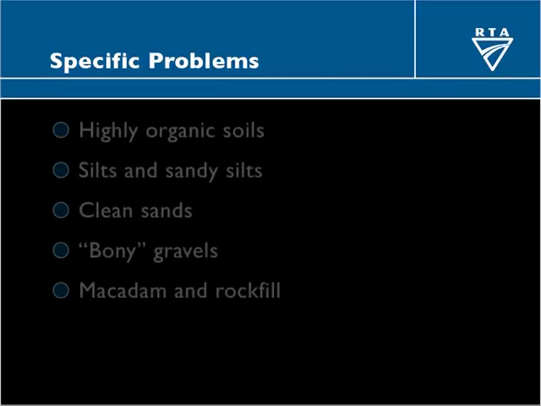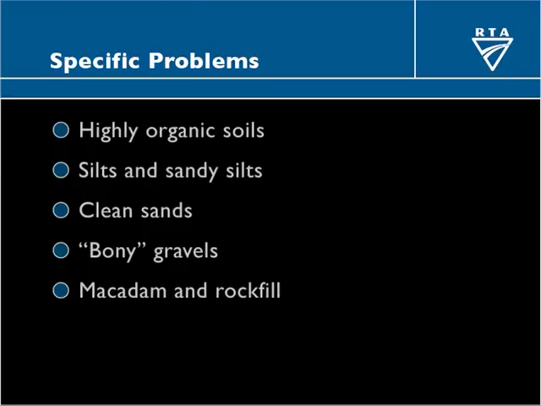Now, some specific problems which relate to specific materials. There are a number of them which are commonly encountered. Highly organic soils, peat, muck, stuff you find in swamps. That generally gets spoiled because it's almost impossible to handle. Very difficult to compact, very difficult to keep compacted.